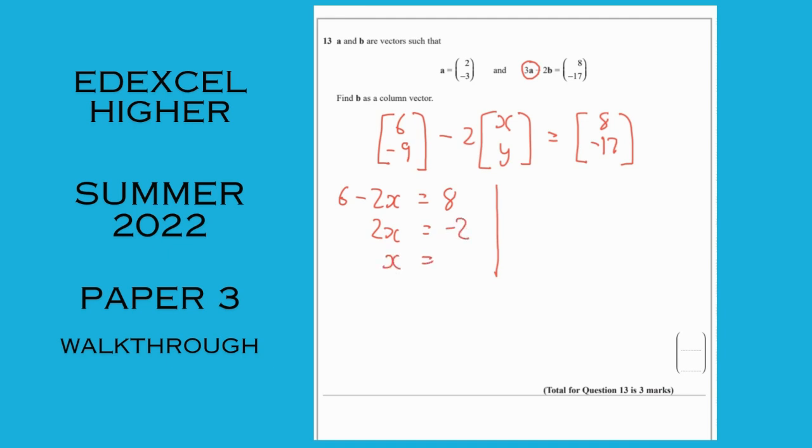We get x, or in other words, the top part of b, to be negative 1. And if we read across the corresponding elements on the bottom, we get minus 9 minus 2y equals minus 17. So adding 2y, adding 17, we get y to equal 4.